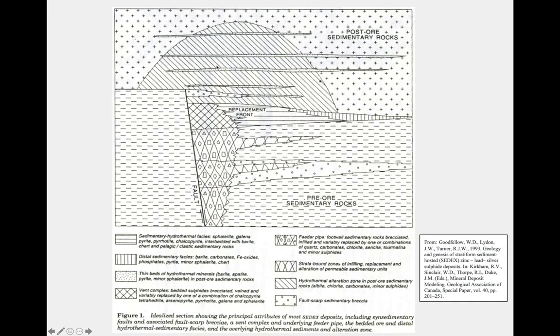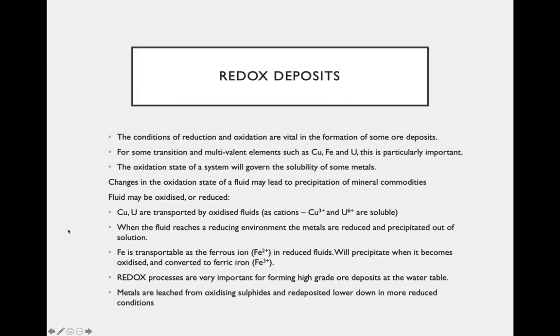It would have vented out and we form these prominent stratiform exhalative horizons into the top part of the sequence, and we get a broad zonation. Okay, so that's SEDEX, a variation on a theme. Next we'll look at redox deposits.